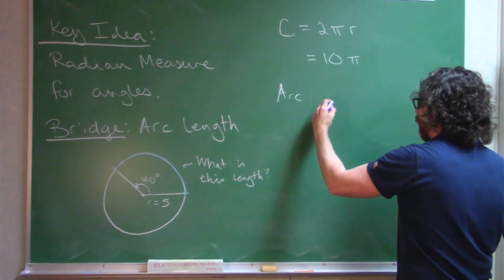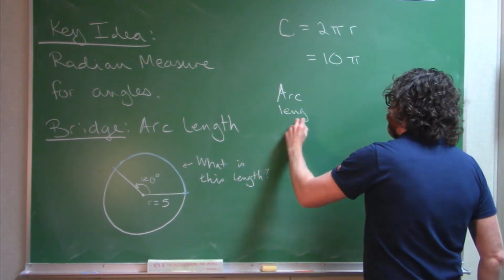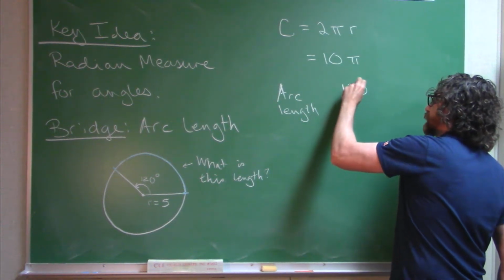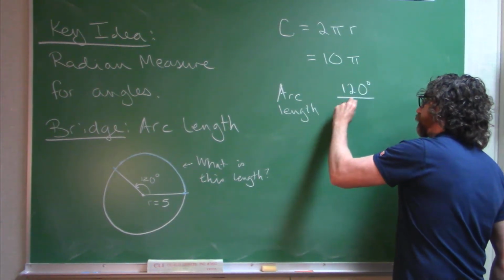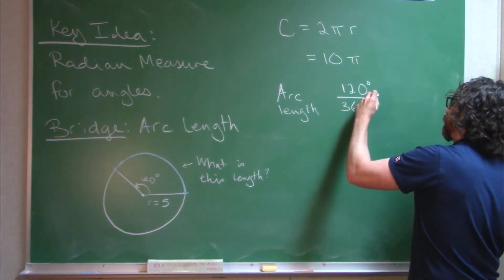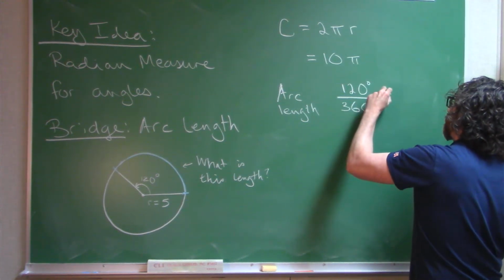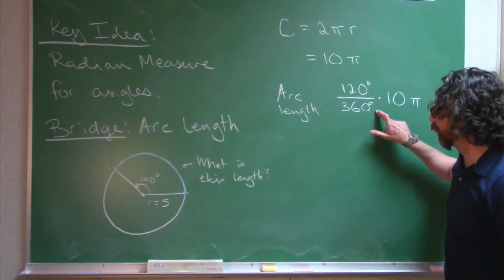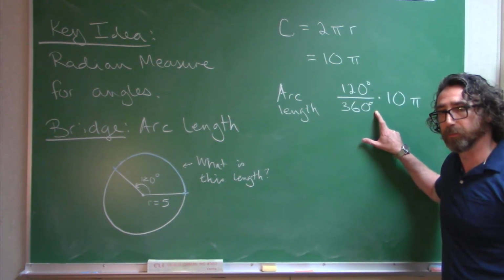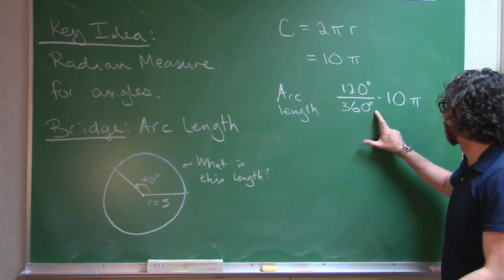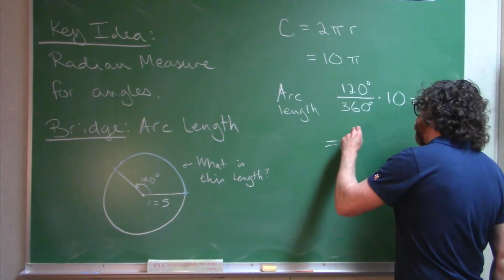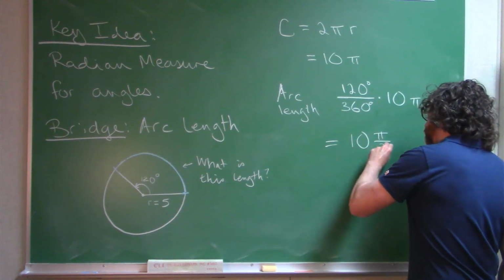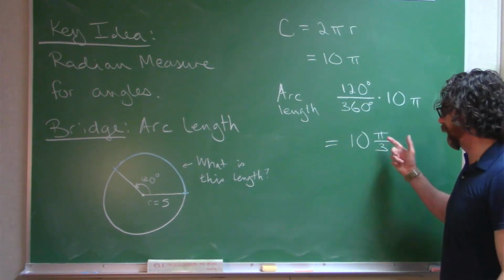My arc length is going to be the proportion of the full 360 that I've gone. In this case, 120 over 360. So that's where I'm getting the 1/3 from. So 10 pi over 3.